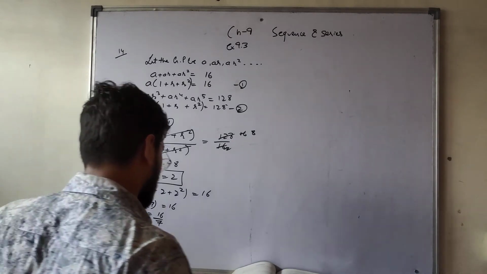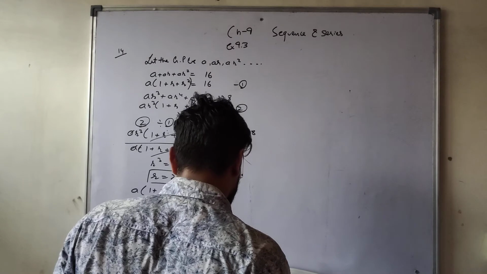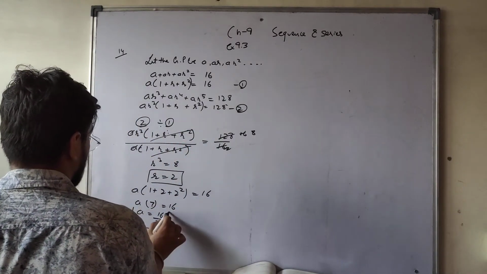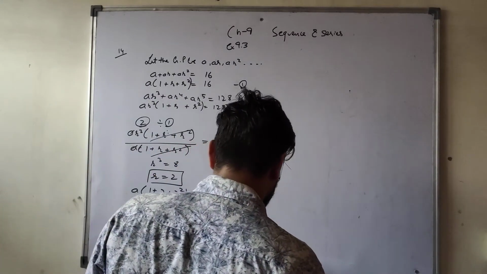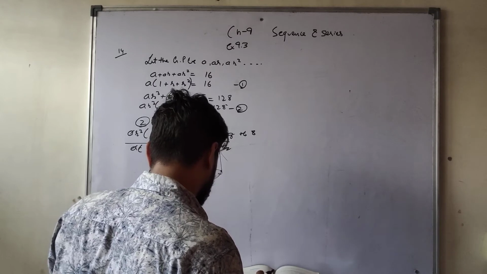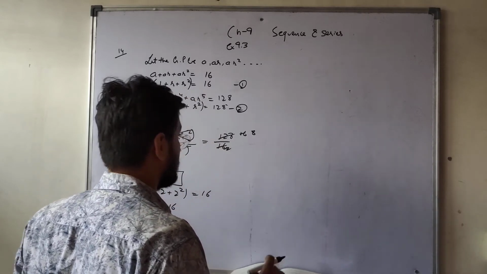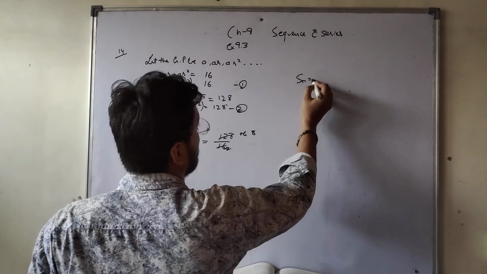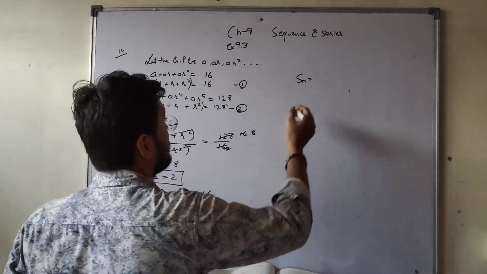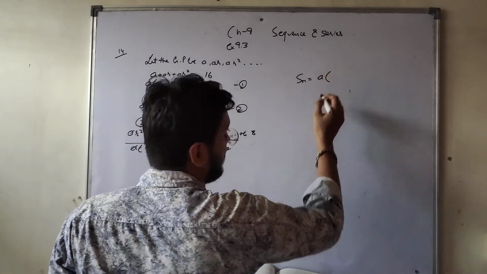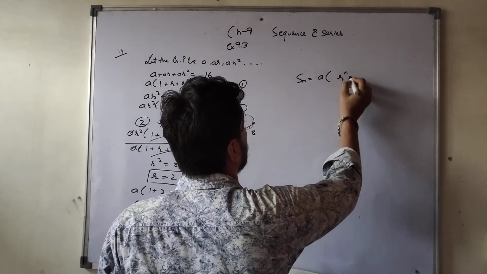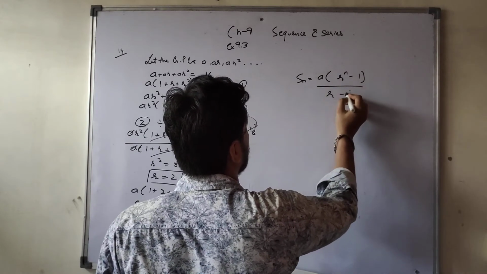Now what we have to find out? We have to determine the first term, the common ratio, and the sum of n terms. Sn formula is a(r to the power n minus 1) upon r minus 1.